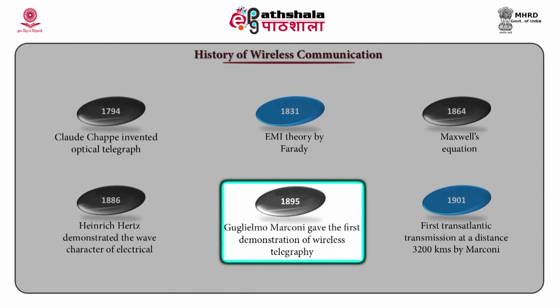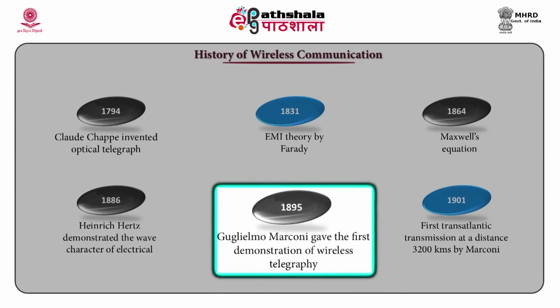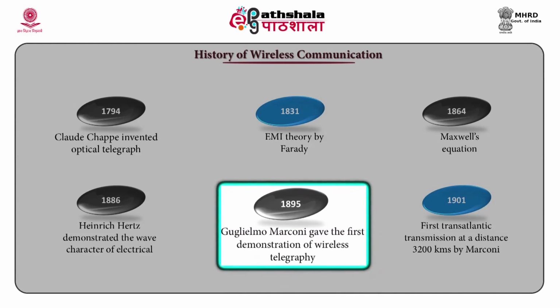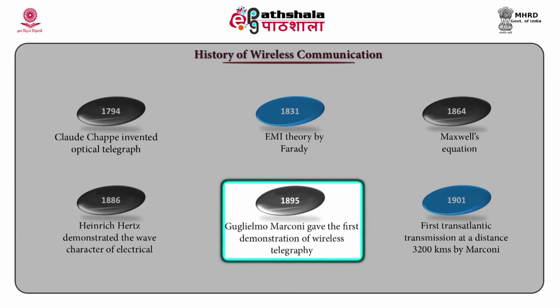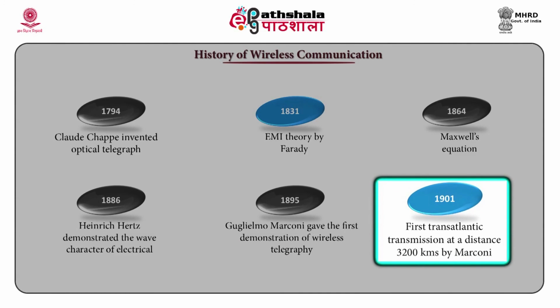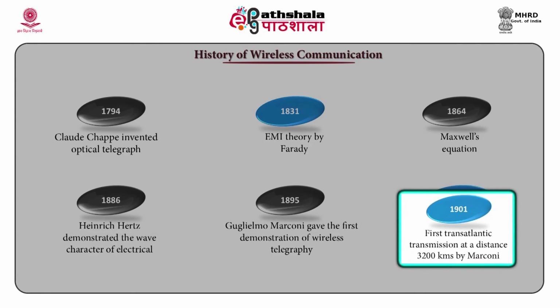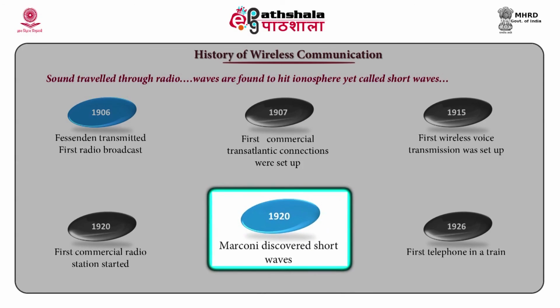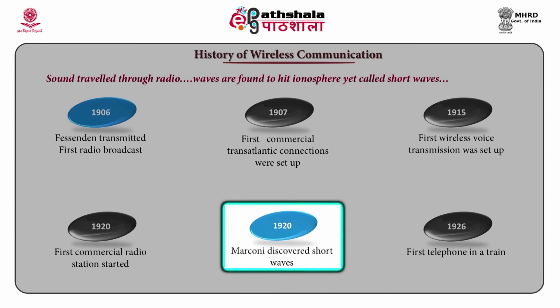Marconi marked the beginning of radio communication and demonstrated wireless telegraphy in 1895. In 1901, the first transatlantic transmission was performed at a distance of 3200 kilometers. In 1920, again Marconi discovered short waves which had the advantage of being reflected at the ionosphere and hence can be sent around the world.